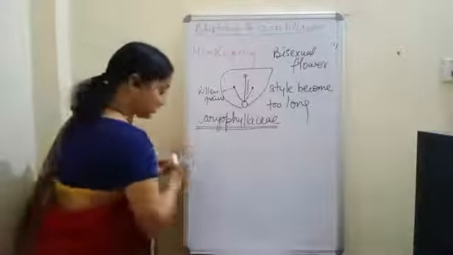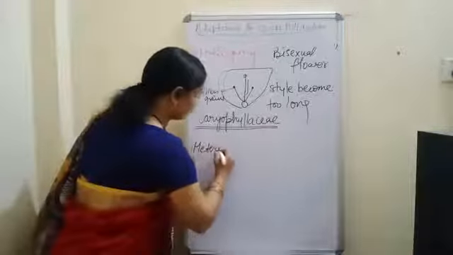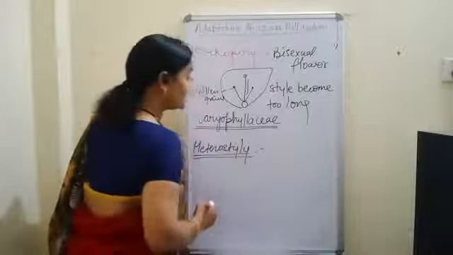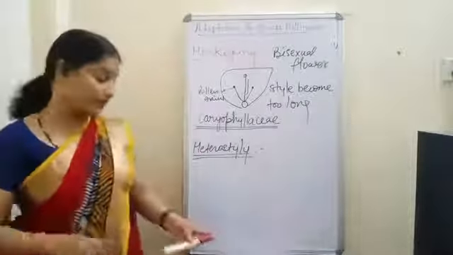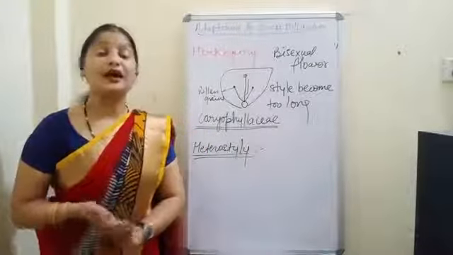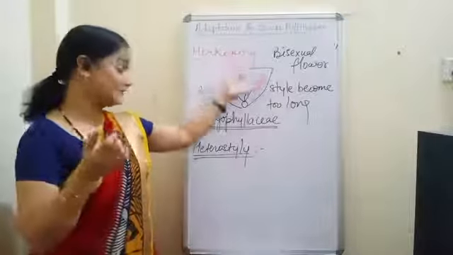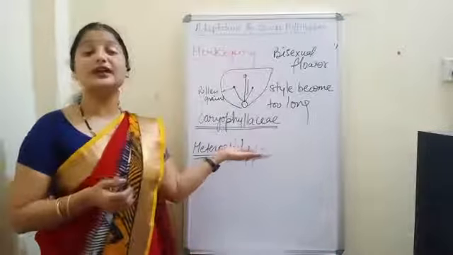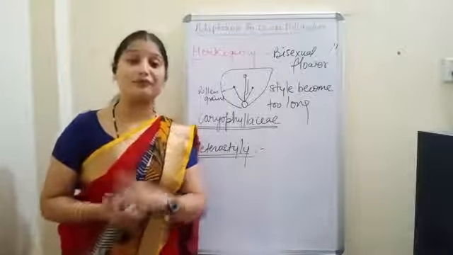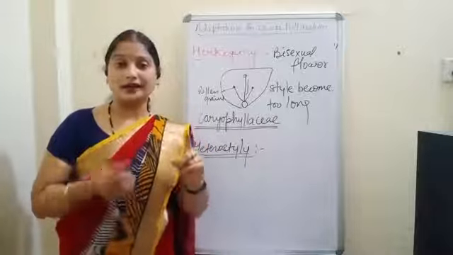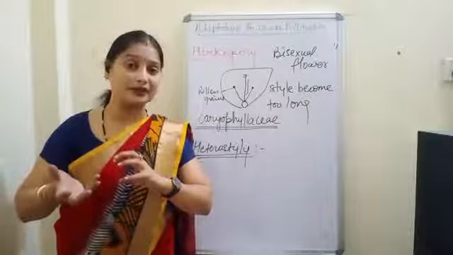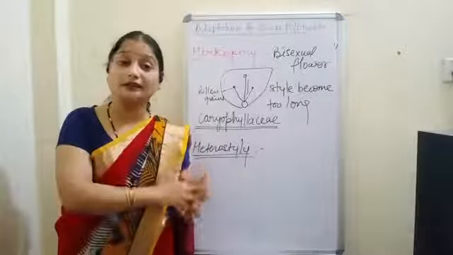Now see what happens in the next condition. The next condition is heterostyle. See what happens in case of heterostyle. Children, heterostyle is the same as hercogamy. Hercogamy occurs in case of a bisexual flower, but heterostyle occurs in the dimorphic flower. Now see the meaning of dimorphic. When one flower gives rise to two different characters of the flower, then that is called dimorphic.